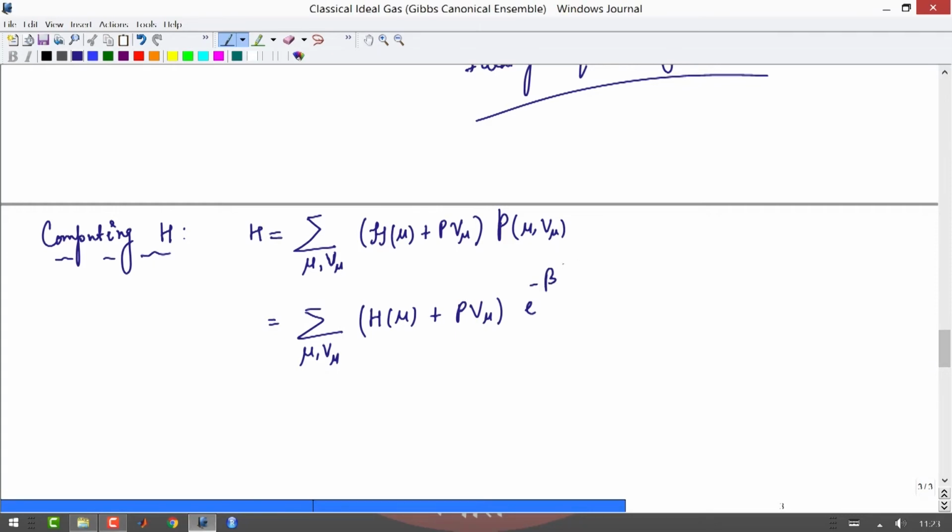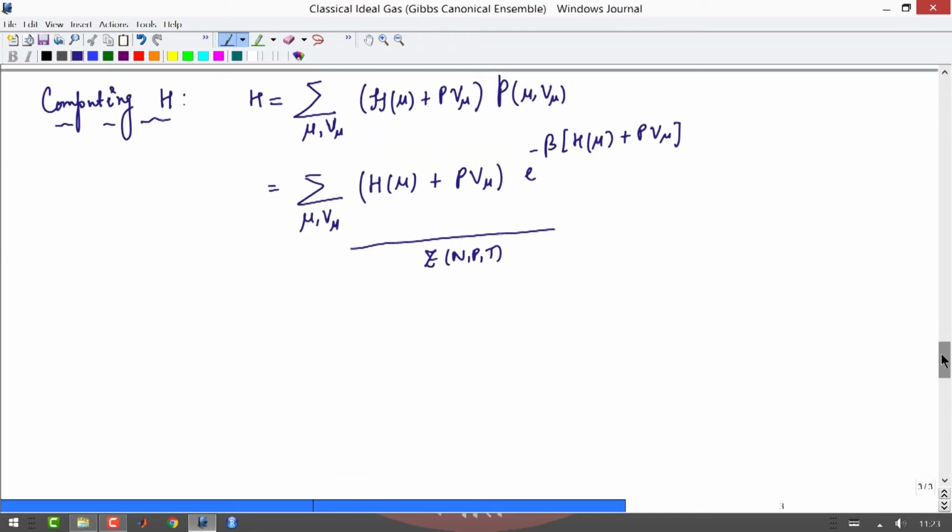So, I am going to write down the distribution that we already know for our system. This is the energy scale. This is the partition function, that is the sum over all the probabilities, and to pull out H plus P V, I need to just differentiate it with respect to beta just once.